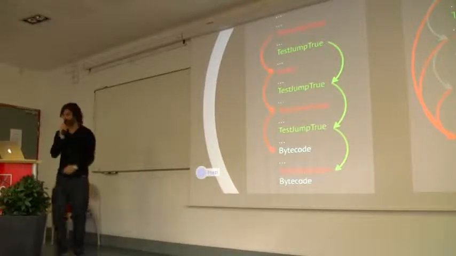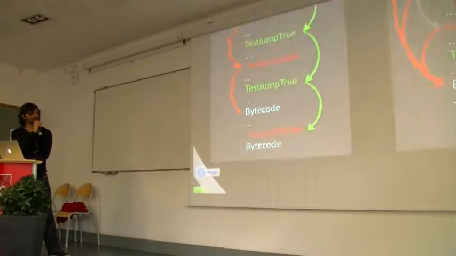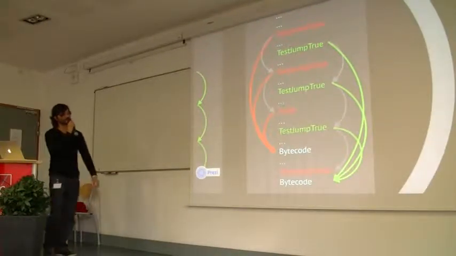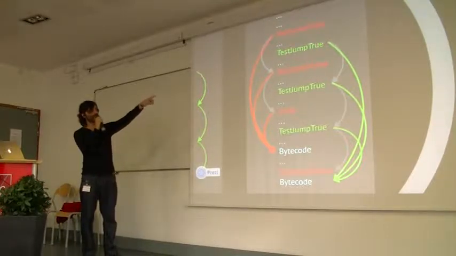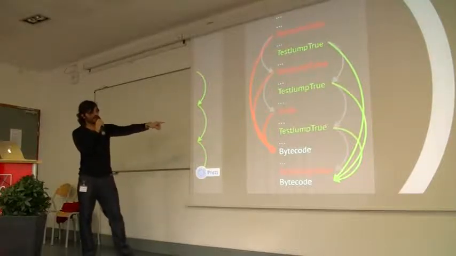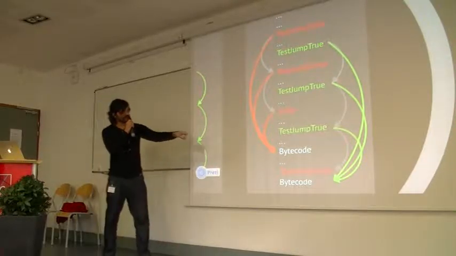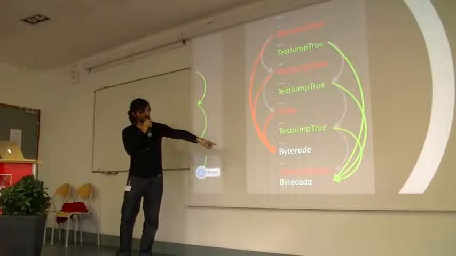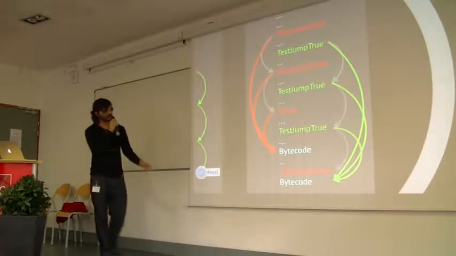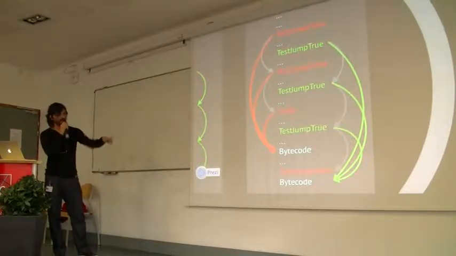In this case, what we can conclude is that if there is, in fact, a true in register R, we will jump from the first to the second, then to the third, and then, if we don't optimize anything, we will jump to the last of the conditional jumps, but since we have a true, we will end up in the following bytecode.